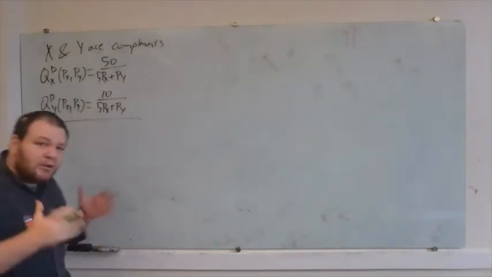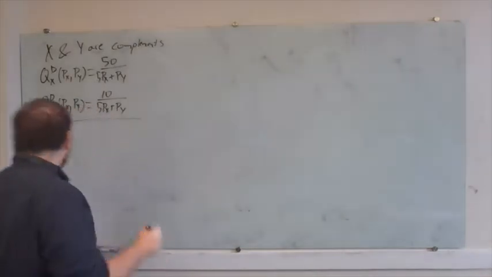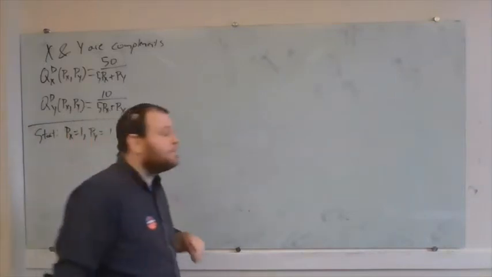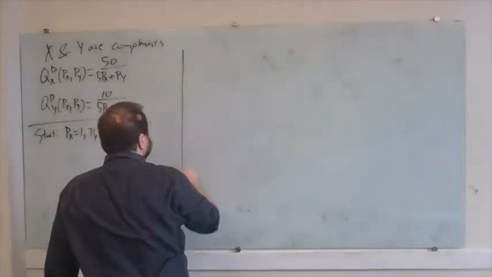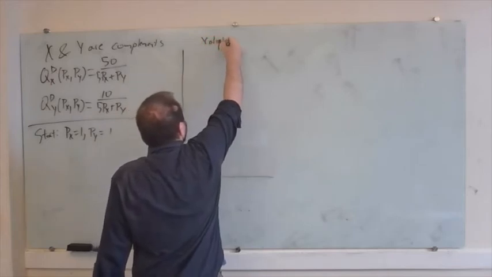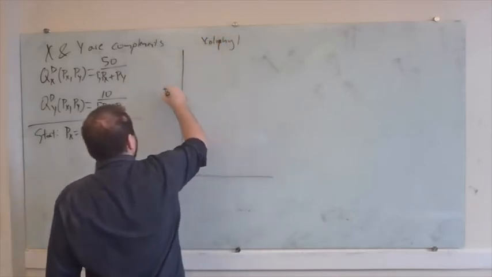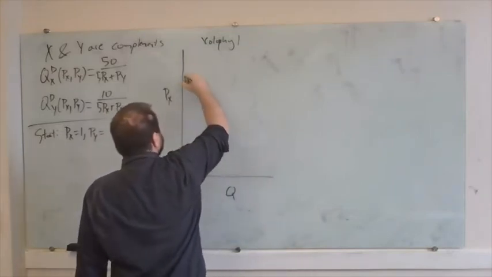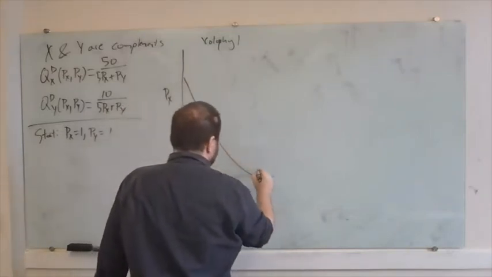Cool. Let's imagine that, to start with, we're in a general equilibrium. All of our markets are in equilibrium, with a price of Zolifil equal to 1 and a price of Yeslinti equal to 1. So if we graph this, we would have for Zolifil some demand curve like this.